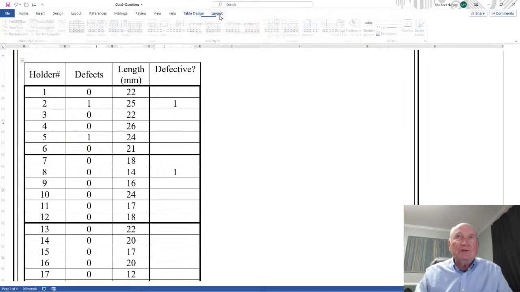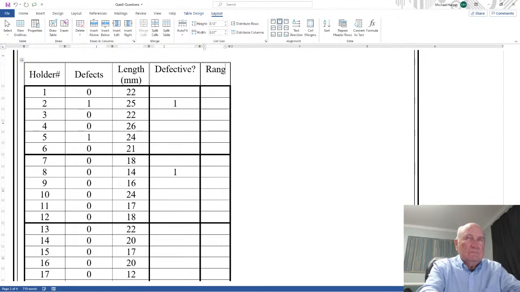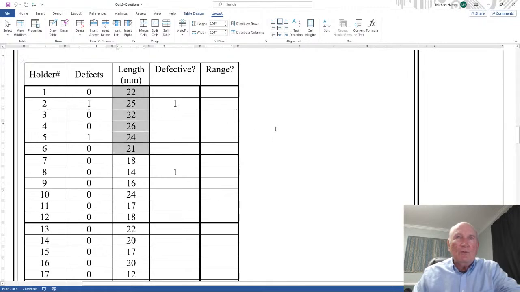So let's bring the range over here. Let's go right here and then just say the range. But this is the sample. So what's the maximum length? What's the maximum number in this sample? 26.